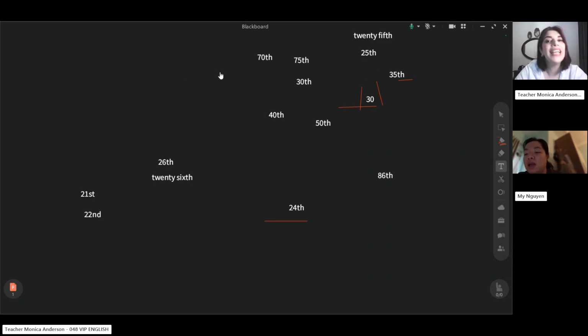Because we have different dollars in different countries, not only the US. Sometimes they put US dollar at the beginning of the sentence, like US dollars 553, and sometimes they put it at the end of the number. There is no difference.